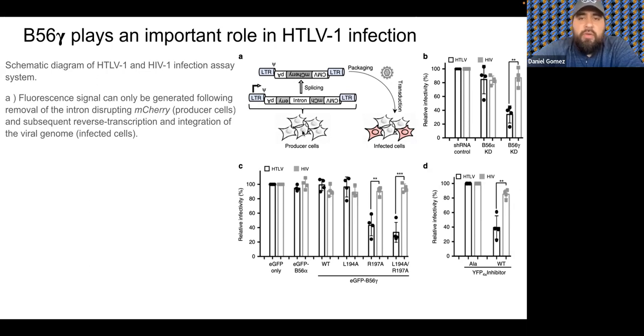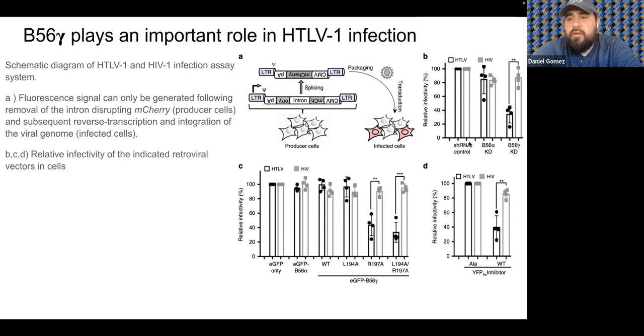It gets spliced out, and you have these producer cells, and then subsequent reverse transcription and integration of the viral genome in infected cells. In B, we have the shRNA control, B56 alpha knockdown, and B56 gamma knockdown. Essentially, all of these B, C, D panels are relative infectivity assays of the indicated retroviral vectors in cells.